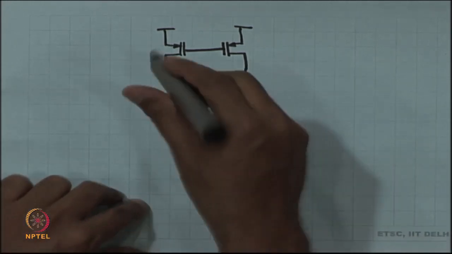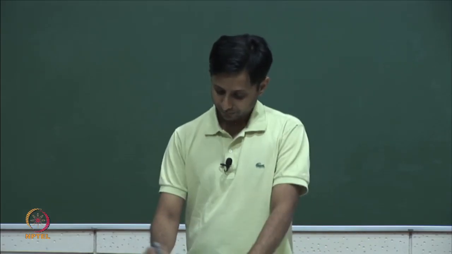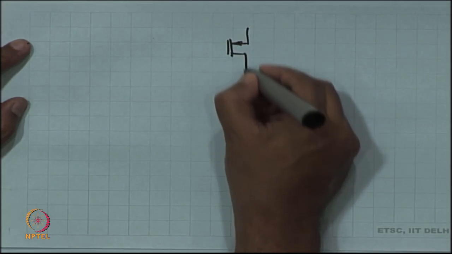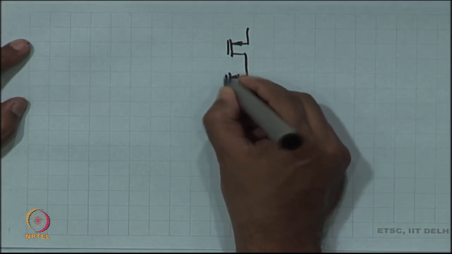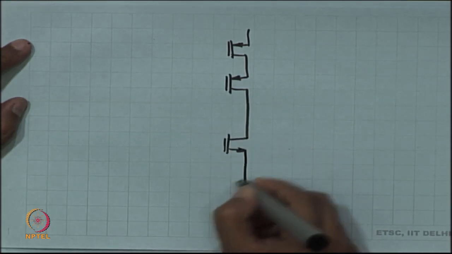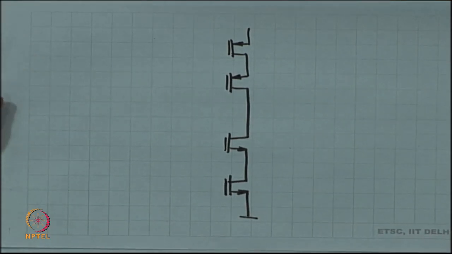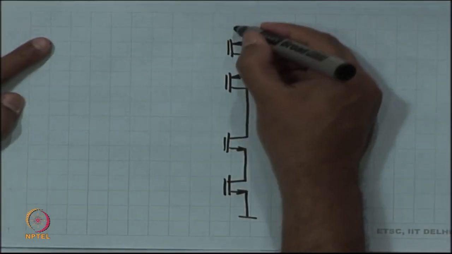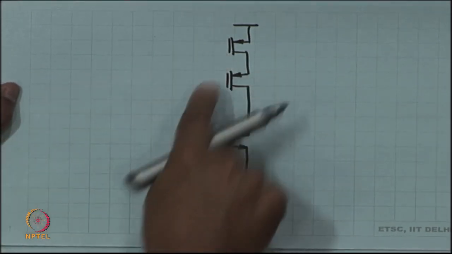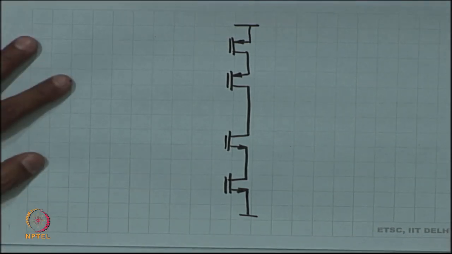Okay, let me redraw. I have made a mistake over here. Let me redraw. So, this was the main branch of the circuit, and we have to fix the voltages at the gates of these 4 transistors. This is the objective.